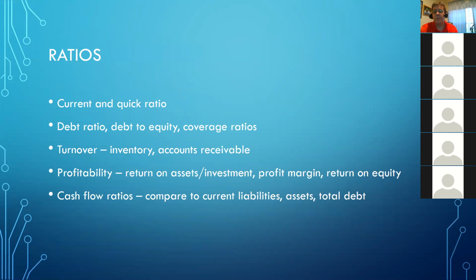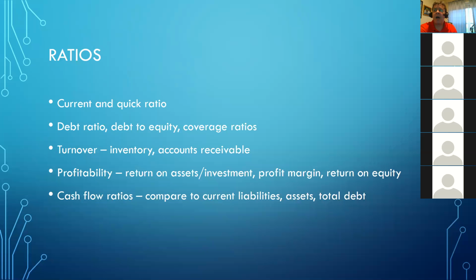Typically, most companies have something on the balance sheet that's other current assets. It's not going to include that. In both cases, you divide the amount of the assets, either the current assets or the quick assets, by the current liabilities. So same number on the bottom, different number on the top.